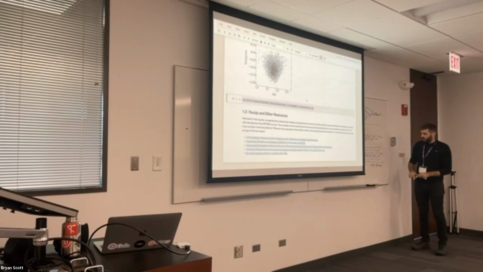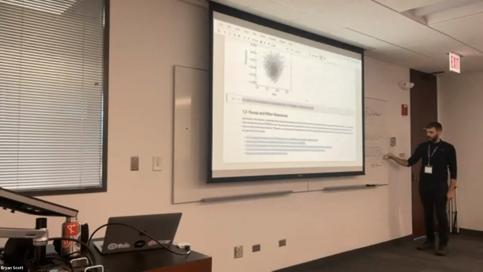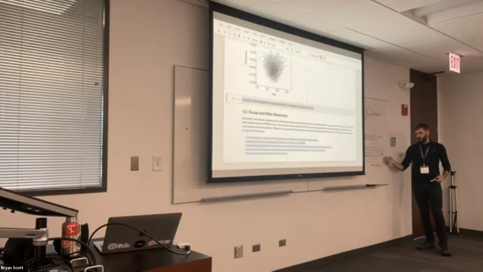What R hat is looking at is whether the variance within one chain is comparable to the variance estimated between all of the chains. If there's a big discrepancy, R hat gets bigger. If they're comparable, like in the case of the black lines here, where the variance of one chain is equivalent to the variance across the chains, then you have an R hat close to 1. I don't remember the exact definition, but that's the concept.